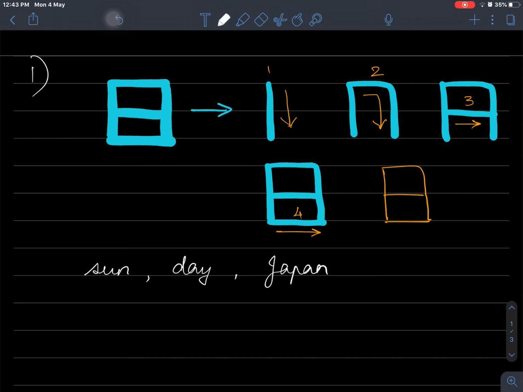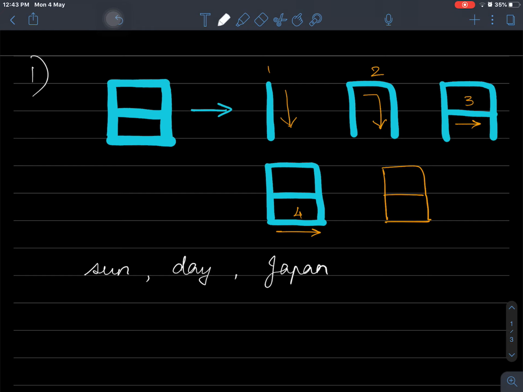You could have a sentence where this kanji is used to represent sun, day, and Japan all in the same sentence using the same kanji, but it will not be confusing. You can take it from me, it will not be confusing. You just need to be able to make sense of the sentence first, and the meaning itself will become obvious to you.